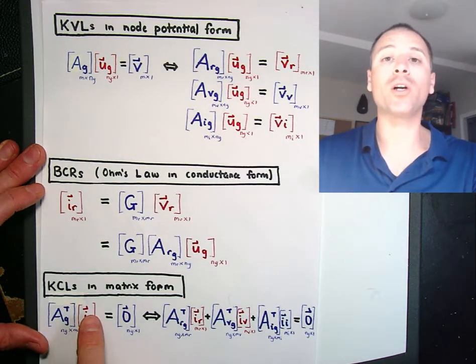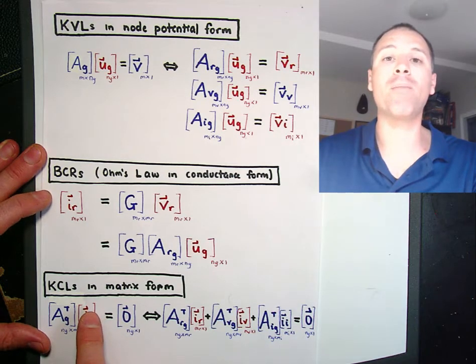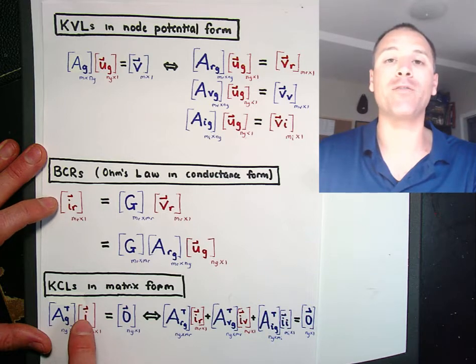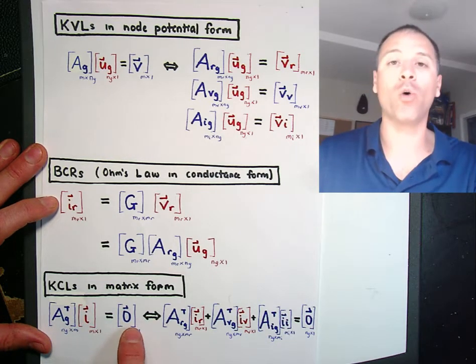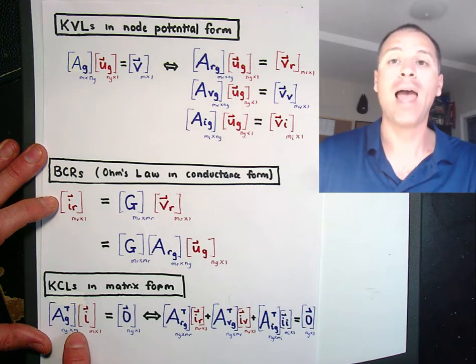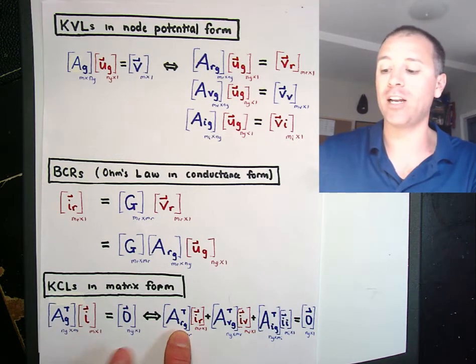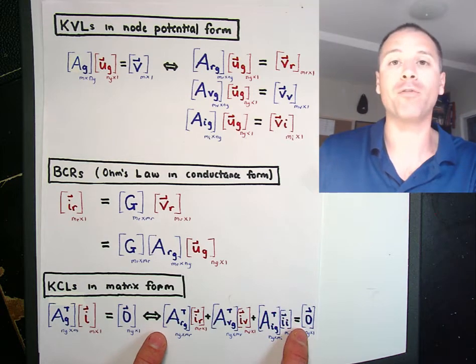Moreover, Kirchhoff's current law says that the sum and difference of all currents entering and leaving a specific node is equal to 0. We can write that in matrix form and then use the subblock partition of each of these matrices in order to write that in summation form.